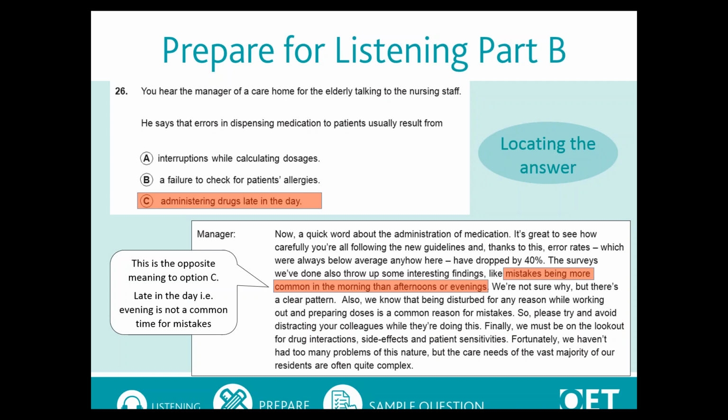This answer option is more clearly wrong because part of the audio includes a phrase with the opposite meaning. The question is asking for mistakes usually resulting late in the day, answer option C, but the audio is talking about being more common in the morning, which means the opposite of late in the day.